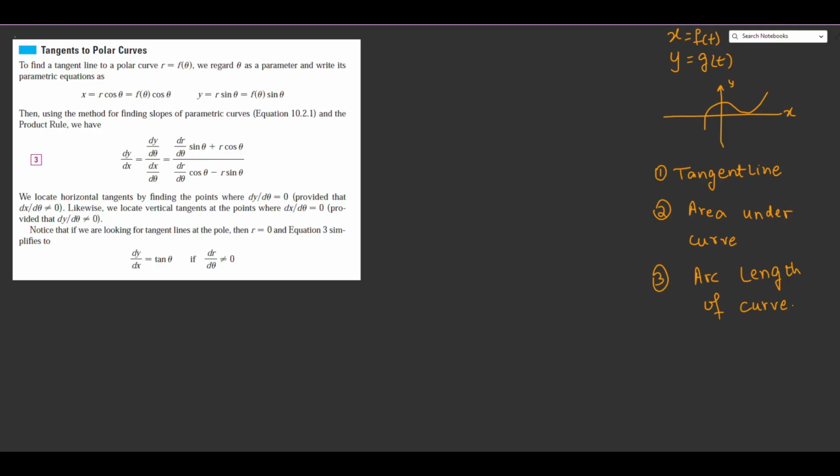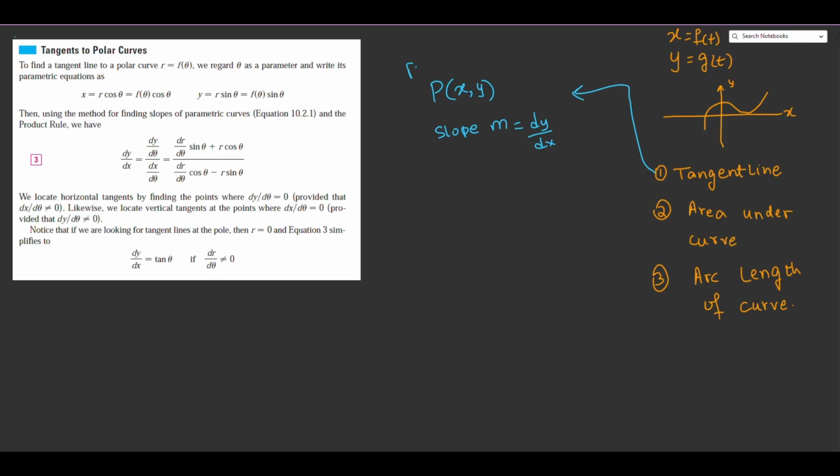Again, remember one thing. Whenever we want to find the equation of a tangent line, we need 2 pieces of information. The point through which the tangent is passing, touching the curve, and the second thing is the slope, which is given by m equals dy by dx.